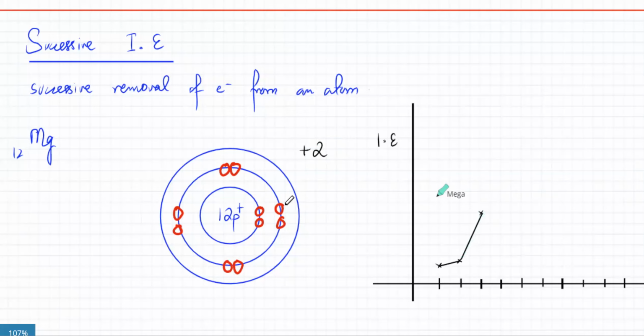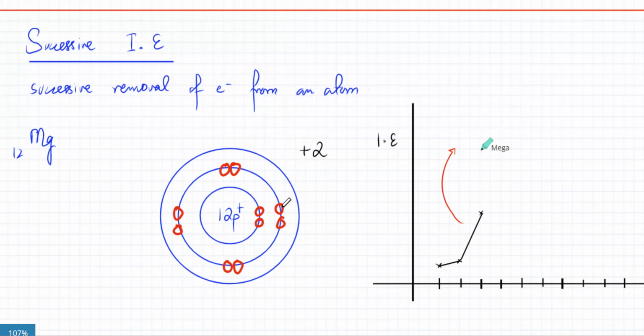The reason for that jump is this: whenever the shell changes, the distance decreases. So all of a sudden your electron is a lot closer to the nucleus. And also it's less shielded. There are fewer things coming in the way between the nucleus and your electron.